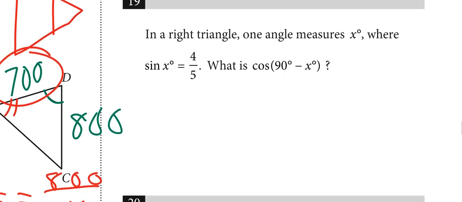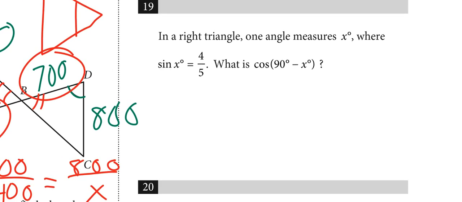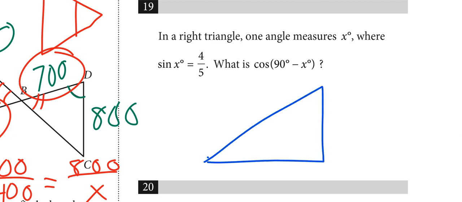So, here's a right triangle. One angle measures x. What would you call this angle right here?